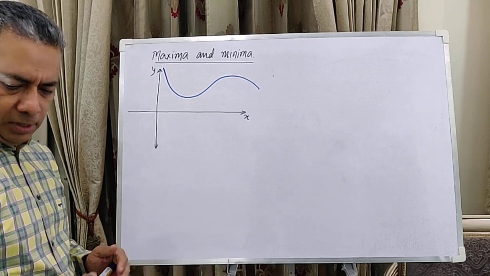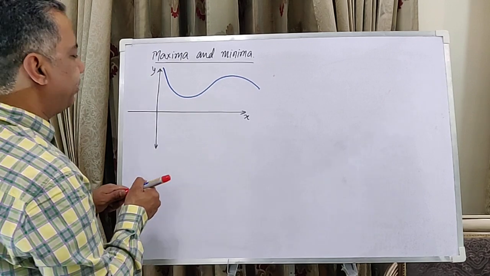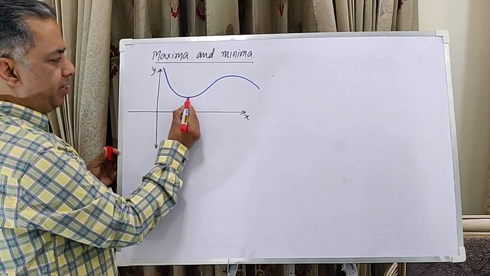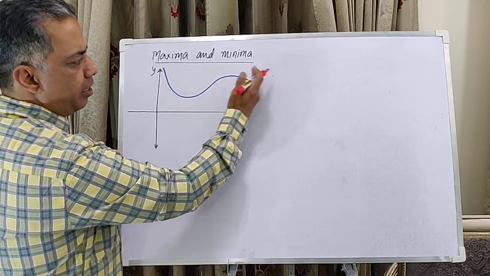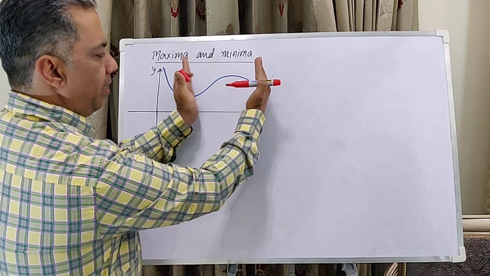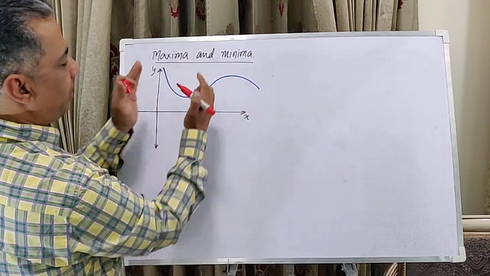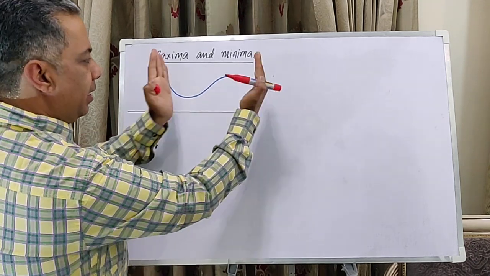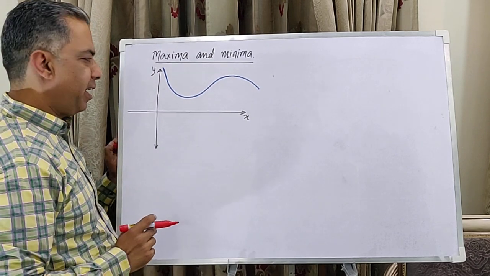Now, you will observe that for this particular graph, here is the minimum value of the function, and here is a maximum value of the function in this range of values of x. So here in this range of values of x we have a minimum value of the function, and here in this range of values of x we have a maximum value of the function.